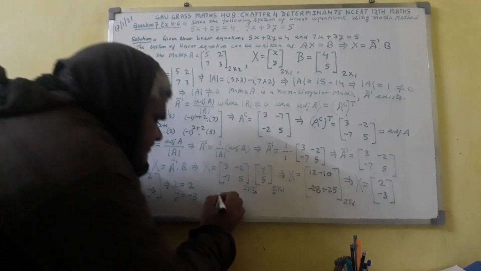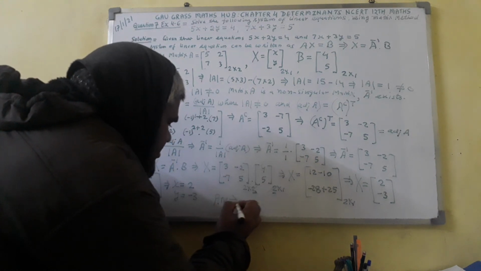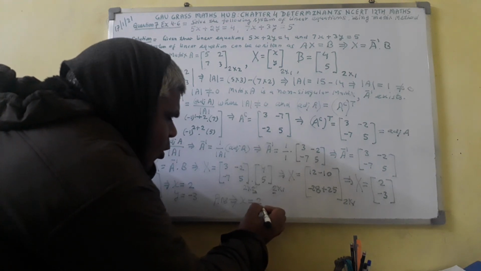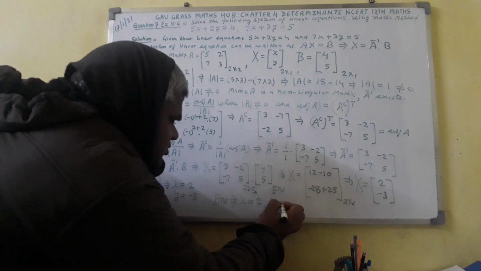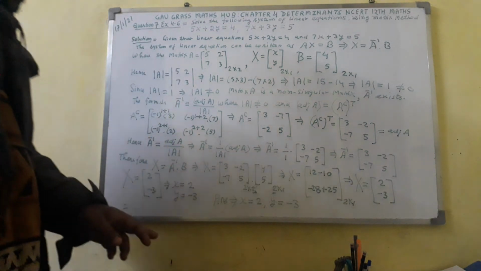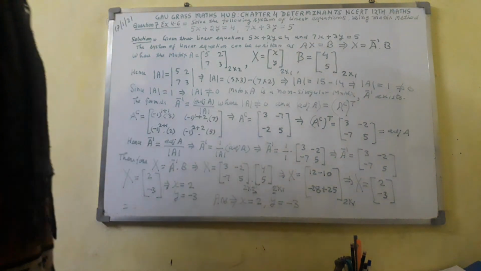Answer, I shall write, answer implied that x equal to 2, y equal to minus 3. So here you have got correct answer, x equal to 2, comma y equal to minus 3.